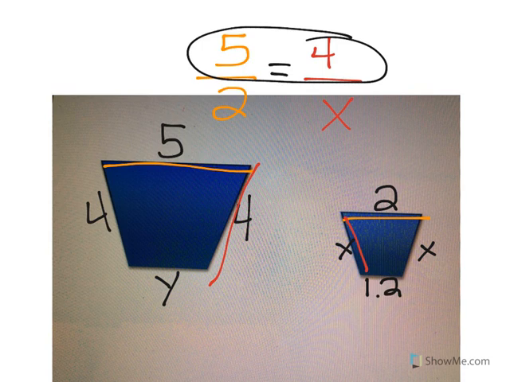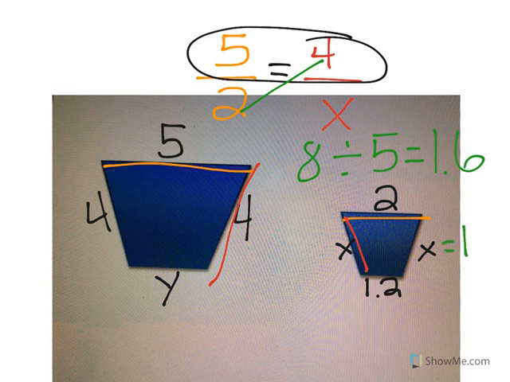I'm going to do 2 times 4, which gives me 8, and then 8 divided by 5 gives me 1.6. So this missing side here of x is 1.6. I'm going to erase my work, and we're going to set up for y.